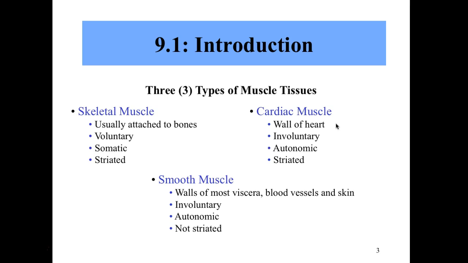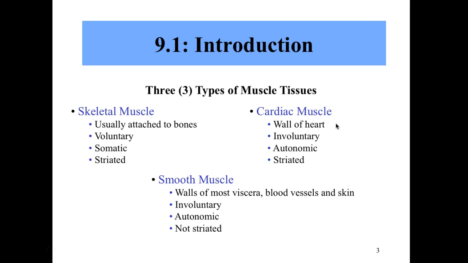The three major types are characterized here. You could also see in table 9.2 on page 310 characteristics of muscle tissues. So just a quick recap, skeletal muscle is usually attached to bones. It's voluntary, somatic, and striated. Cardiac muscle is the wall of the heart.